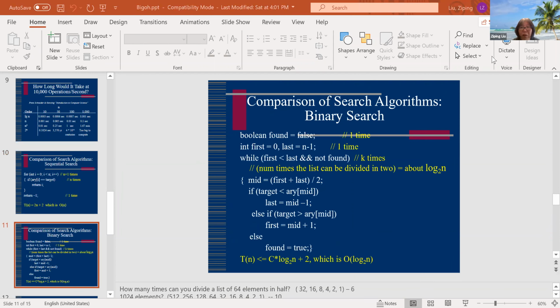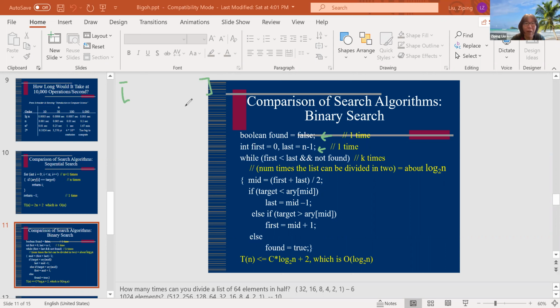Then let's take a look at binary search. We already know the idea. Here is the binary search algorithm. First, this statement is going to be executed 1 time. Then there's a loop that keeps dividing by 2.